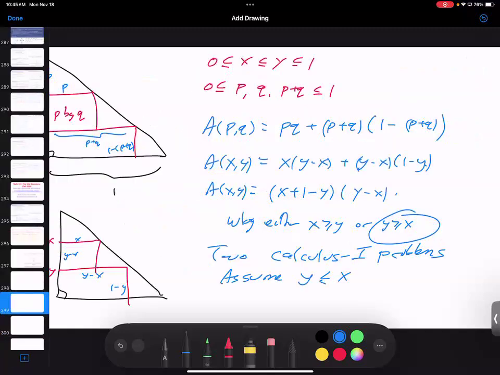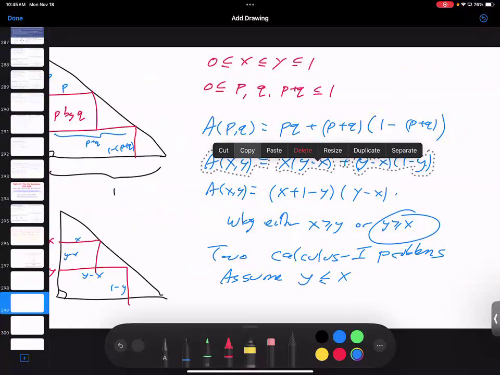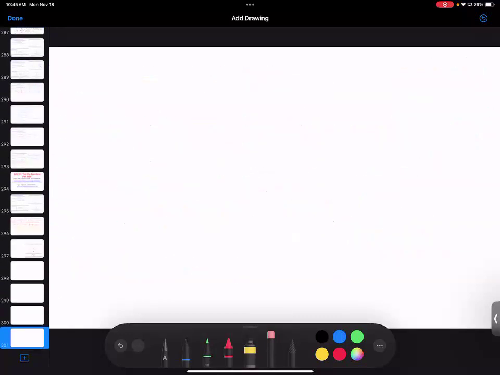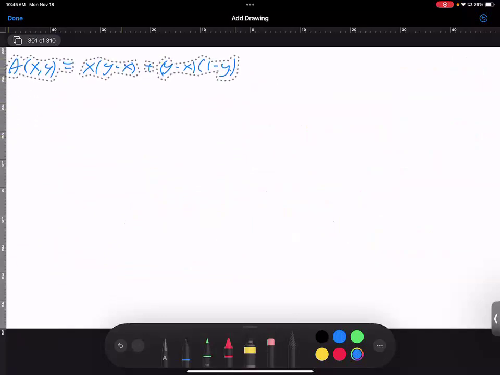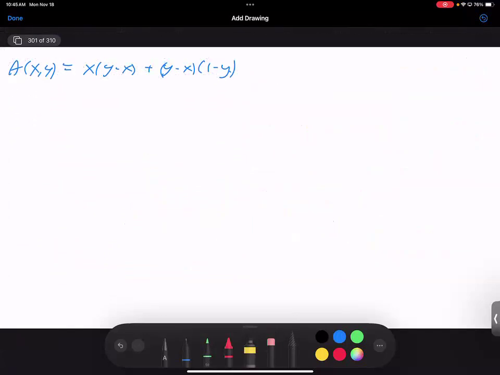To just be safe, here was the other formulation. And so let's just double check with the derivative one more time.